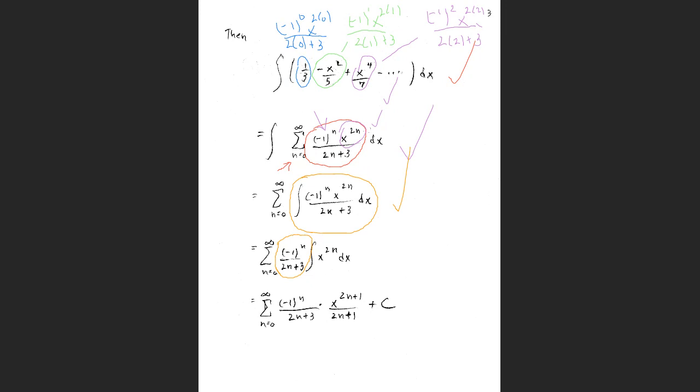But with regards to the integral, it is treated like a constant because you're integrating with respect to x. What you're left with under the integral is x to the 2nth power. The antiderivative is not hard on that: x to the 2n plus 1st over 2n plus 1. So then this is going to be our power series for our indefinite integral.